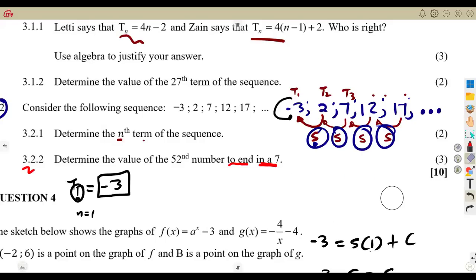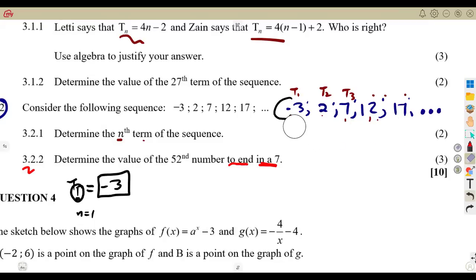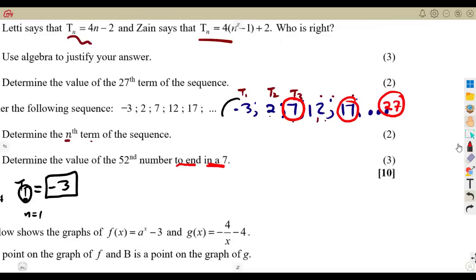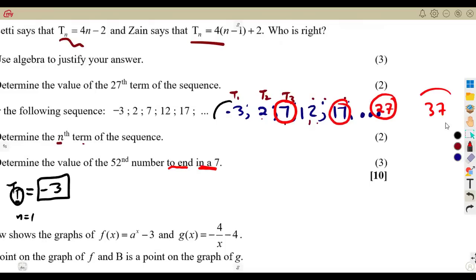All right. So meaning to say, if we consider properly, we are going to see that in this sequence that we had before, there's a part of a 7 here. If you check, there's a 7, a 17, and another part where a 7 was going to be a continuous 27, 37, and so on. Where it ends with a 7 like this: 7, 17, 27, 37.